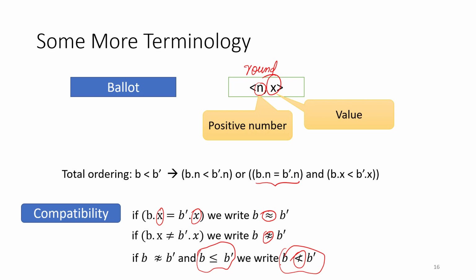If the ballots are not compatible with each other, and one is less than or equal to the other, then we write it in this fashion. Actually, we can write strictly less than as well, because if the ballots are incompatible, we will never have strict equality.